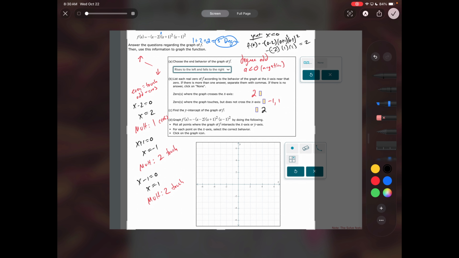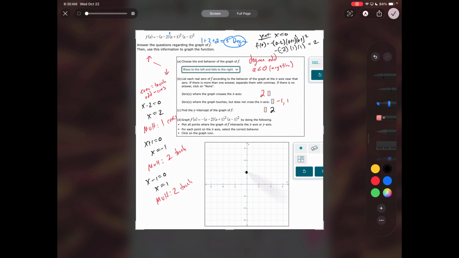Okay, so let's graph some points. We got 0, 2 for my y-intercept. My x-intercepts are at 2, 1, and negative 1. I wonder if Alex lets us do this easier. We know that it starts high and finishes low. And then at negative 1, it's going to touch and turn around, so it's going to do something like this.